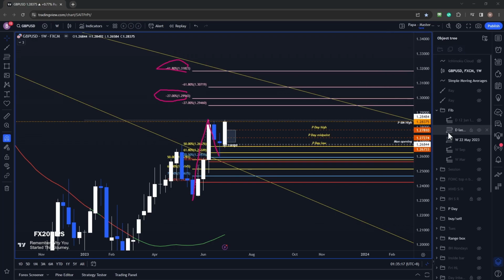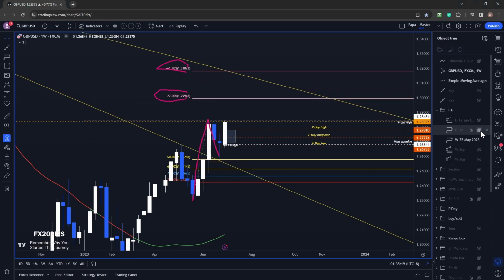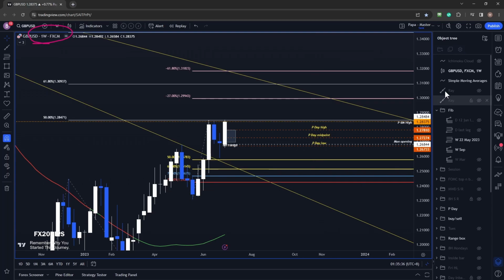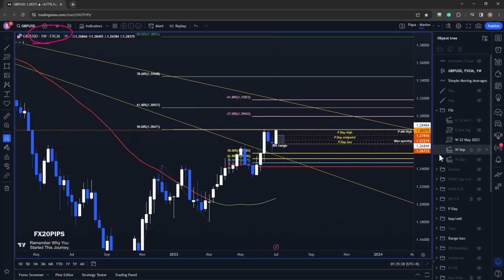I hope you are not confused. Let me remove the daily one. There we go. Same theory as the daily, but this is on a weekly time frame. Now let's look at the weekly from September. These are the extensions, so I need to zoom up a bit.